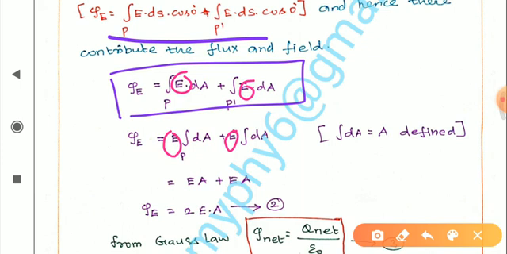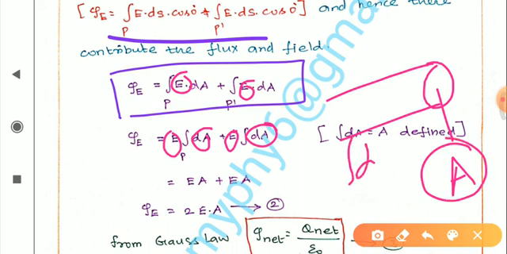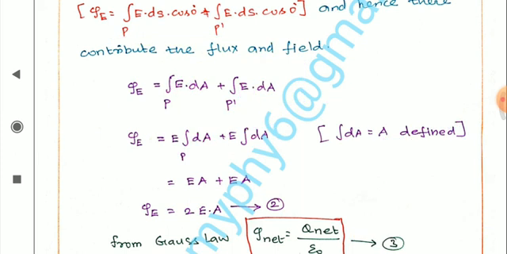Inside the integral we have dA. dA means the area of cross section. Already we found the infinite plane sheet, and from the infinite plane sheet we are considering the symmetric property, that is a cylindrical shape, with the area of cross section A. That's why the integral of dA can be given by A. Are you clear or not?